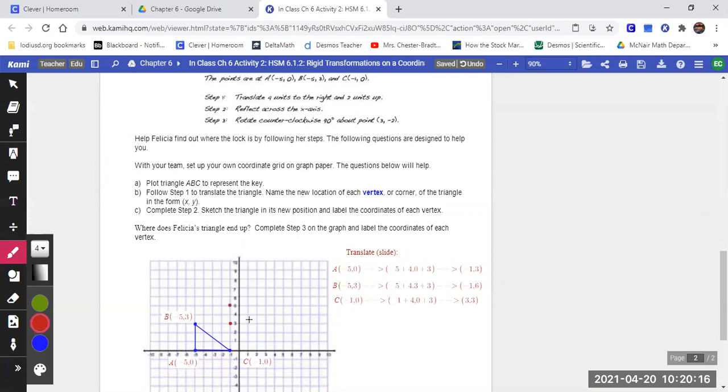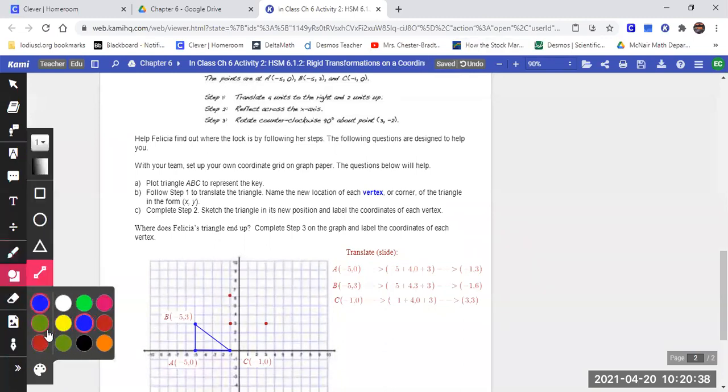Then it says I'm at +3, +3. I have now slid the triangle, but this dot's in the wrong location. 1 second. That's 5, not 6. There's 6. I've now slid the triangle to here, and I'm going to connect my lines to make my new triangle in the new location.